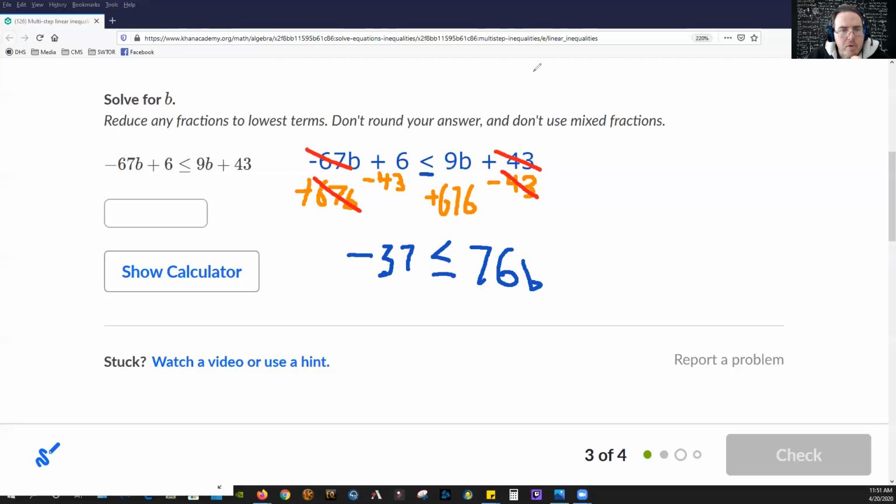And now we would divide both sides by 76. It looks all kinds of gross, but it's just the way the mechanics work.